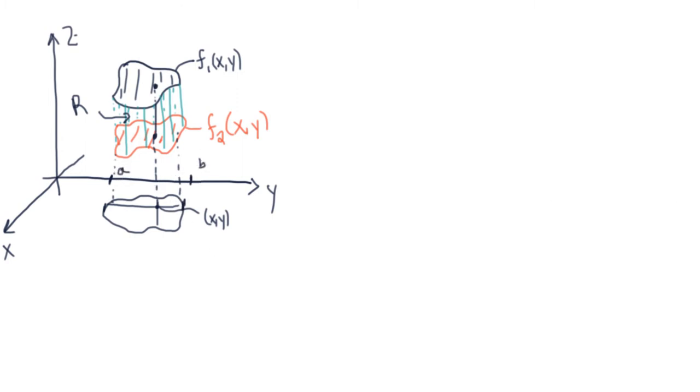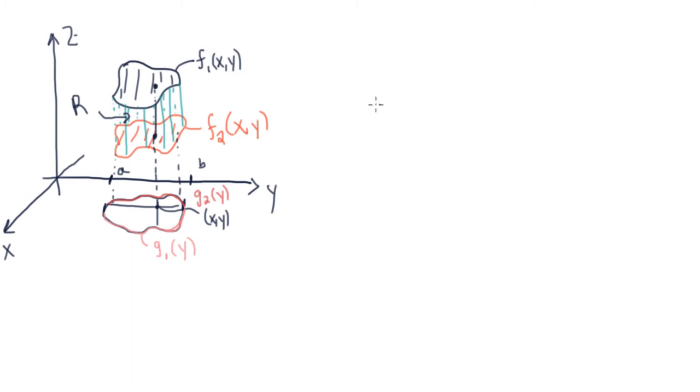And I can think about this region that's lying below my two functions as being some function of y for that fixed value of y between a and b, and maybe this is some other function down here, so g2 of y. There's a lot going on here, but this is basically what we're doing.